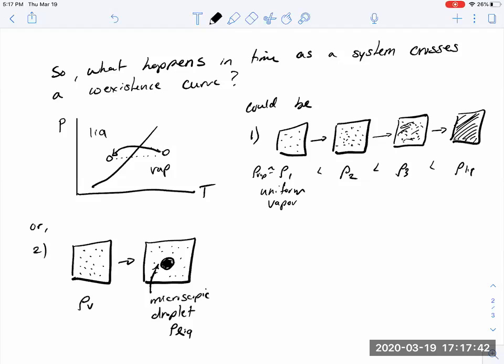And if I add a droplet big enough, I will have increased the density by some amount, though it's not done uniformly in space. Then I can imagine increasing the density more, again, not by uniformly increasing the density, but by growing that droplet.